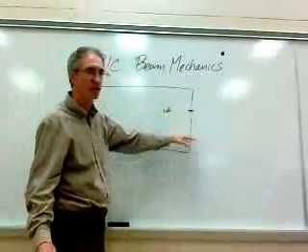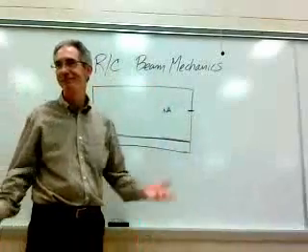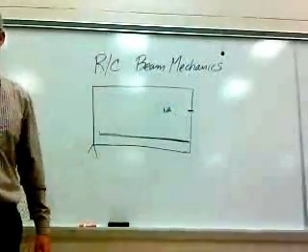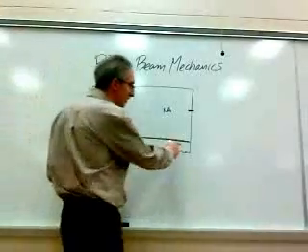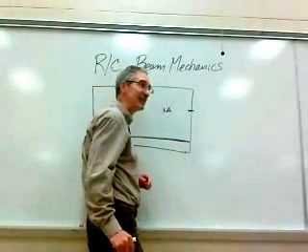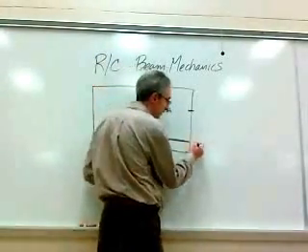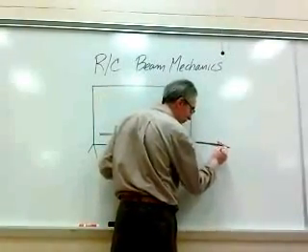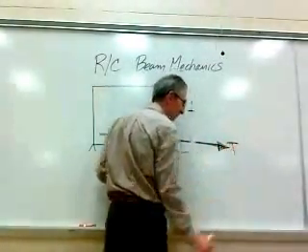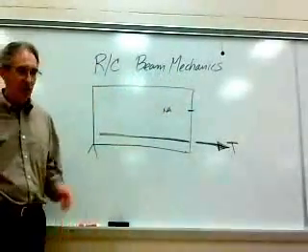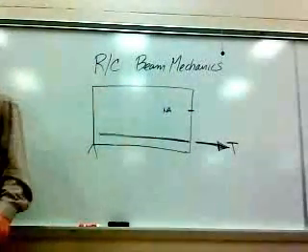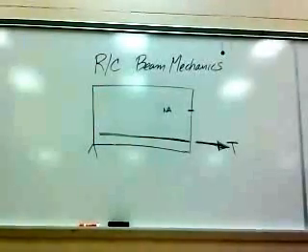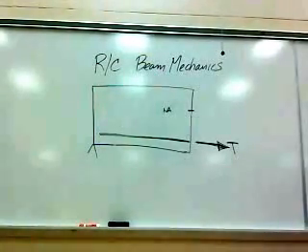We're going to assume all this concrete just doesn't do anything for strength-wise because it's cracked. So the only thing that does anything for us strength-wise in tension is the steel. So my tension force is going to be down here in the steel. It's going to be located at the centroid of the steel, or the layer of the steel. All right?